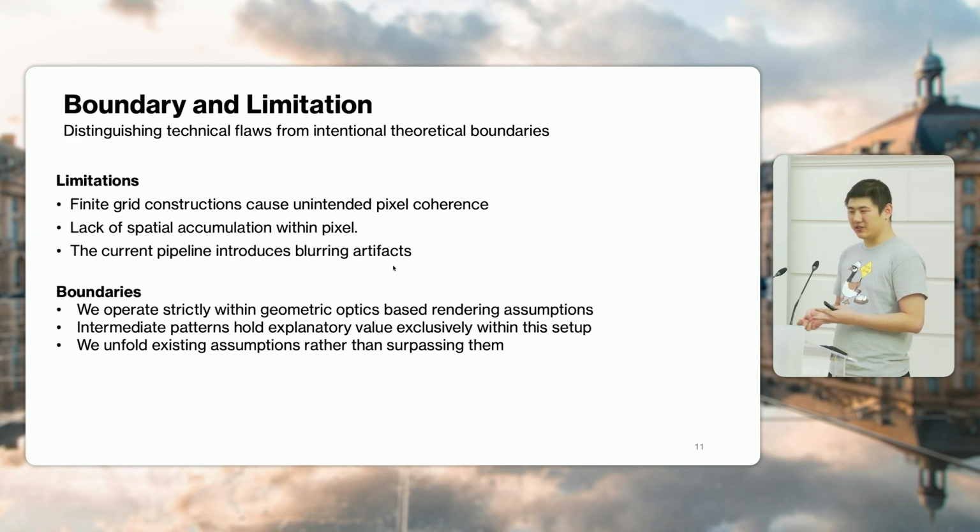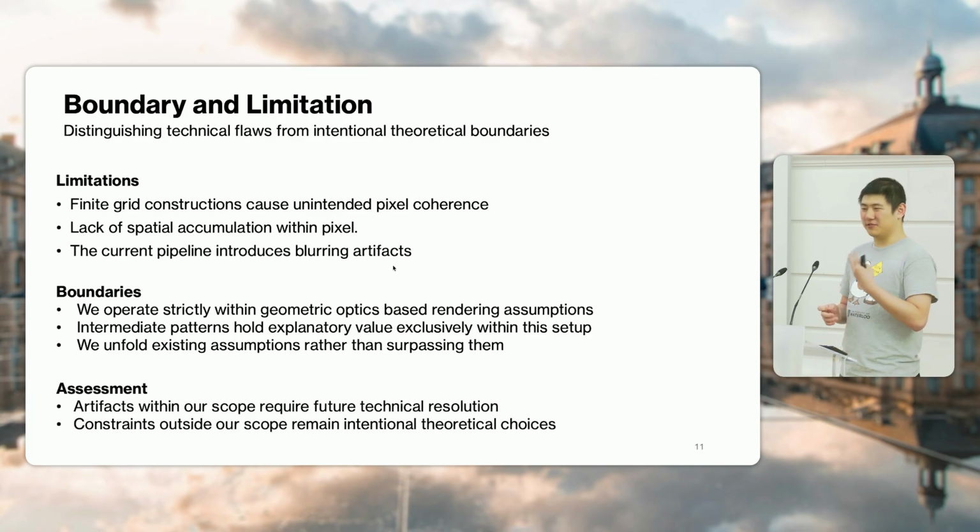As a result, the intermediate pattern I showed before only has its explanatory value exclusively in this setup. And all in all, if we go back to the beginning, we are trying to instantiate the assumptions. We are not trying to break them or surpass them.